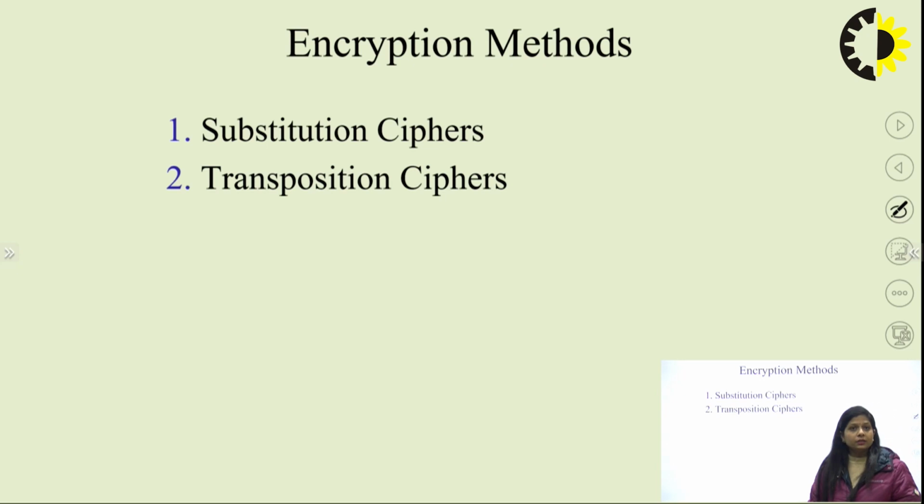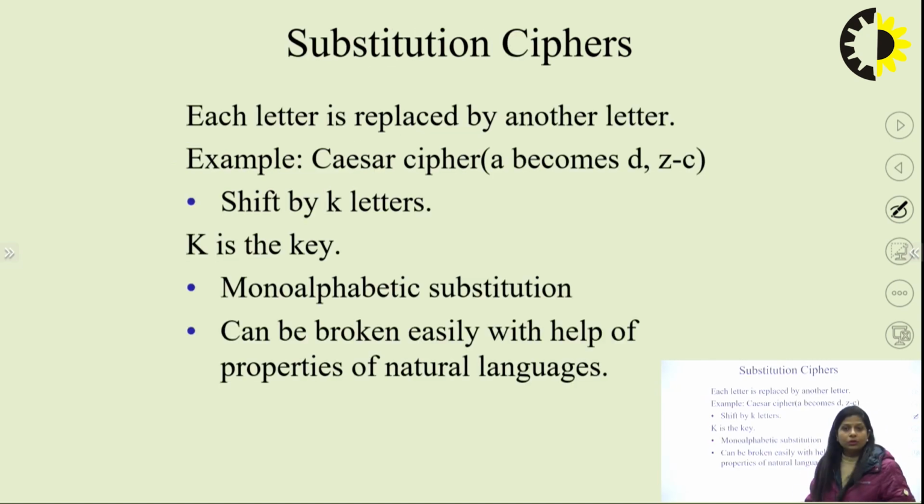So, what are the encryption methods? We have substitution ciphers and transposition ciphers. Number 1, substitution ciphers, and number 2, transposition ciphers. So, one by one we will be discussing. In a substitution cipher, each letter is replaced by another letter, right?